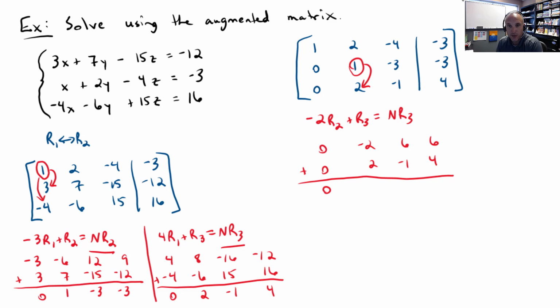We get 0, 0, 5, 10. And again, like the previous example, we can see that 5 and 10 have a common factor of 5. So I'll go ahead and divide those by 5 to give me 0, 0, 1, 2 as my new row 3. So now let's copy our final system, keeping rows 1 and 2 the same, but getting a new row 3.